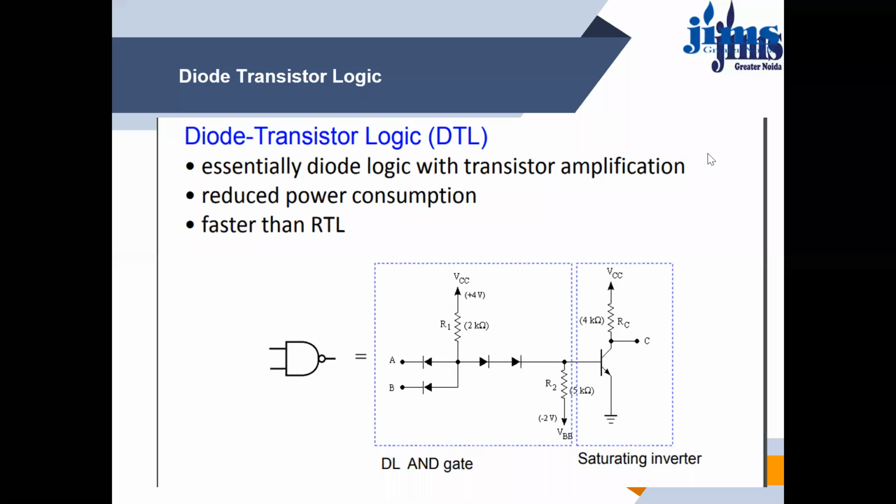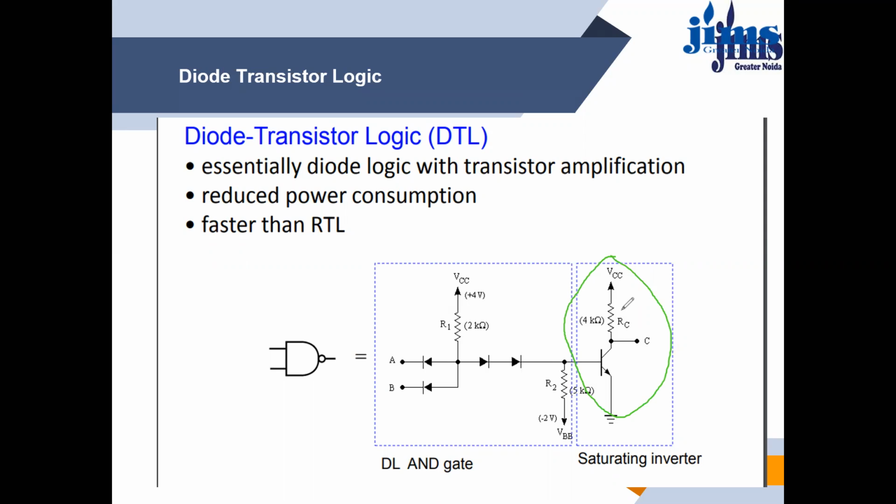See, this is diode transistor logic. In diode transistor logic, again the circuit will look like a diode logic. The difference is this transistor. We are using this transistor. That's why this is known as diode transistor logic.